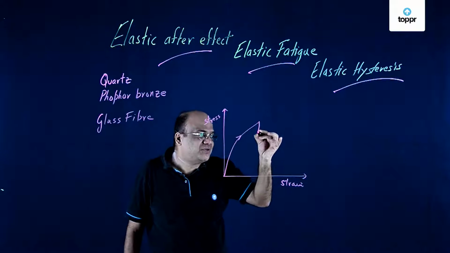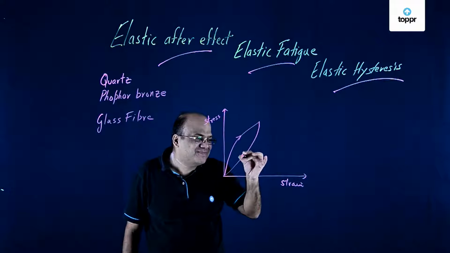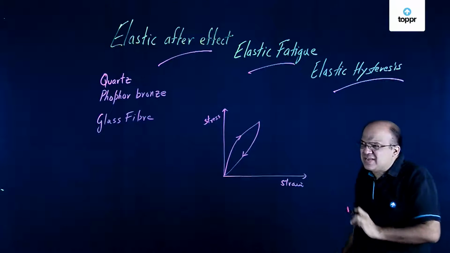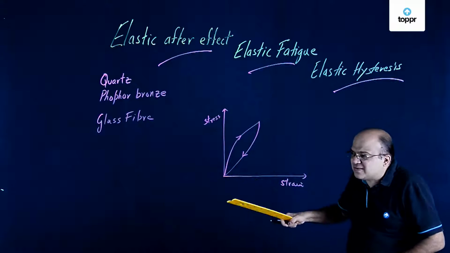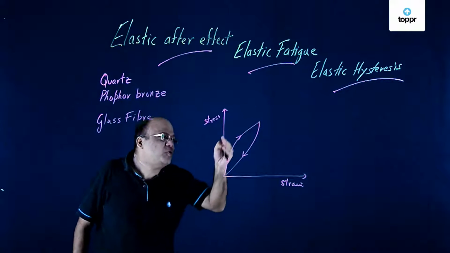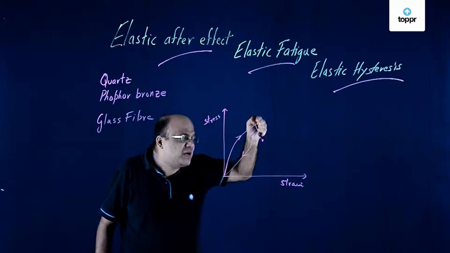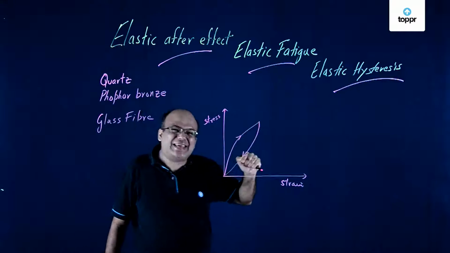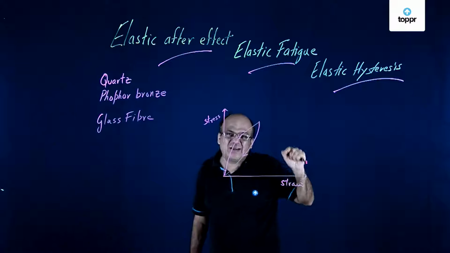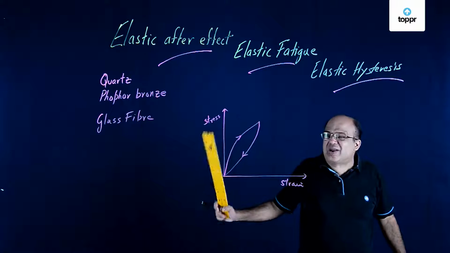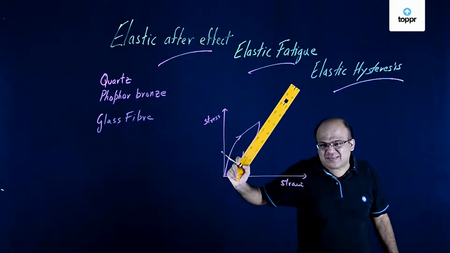While coming back, it goes like this. The stress strain graph is not retraced while reversing the strain. While going, you go like this. While coming back, you go like this. So this graph is not getting retraced on reversing the strain. This is called elastic hysteresis.